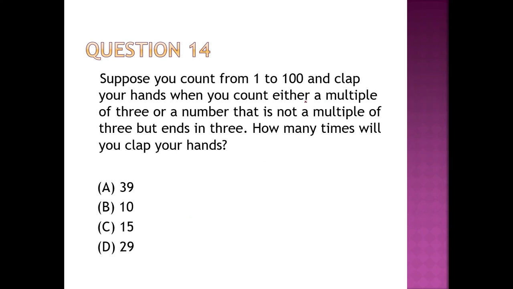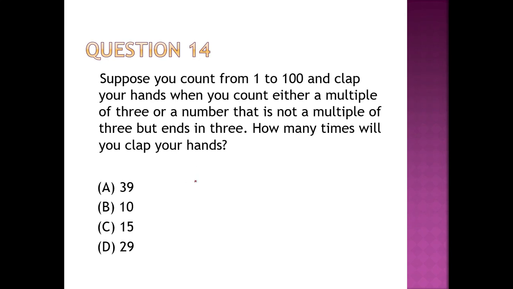So we're looking for 2 things in this particular problem. We are being asked to count numbers that are multiples of 3, and numbers that are not multiples of 3 but end in 3, and we're going to add those. That is how many times we should clap our hands, right? So what are multiples of 3?